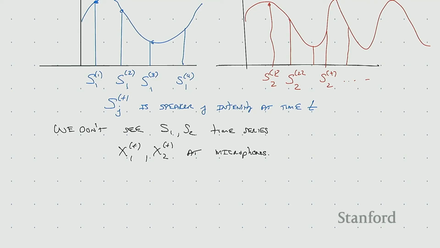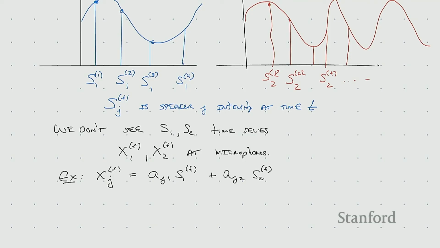So we need a model of how we're going to do this. And of course, our model from what we described above is going to look something like this. What we observe at microphone J at time t is a mixture of something from speaker 1 and something from speaker 2. Okay?